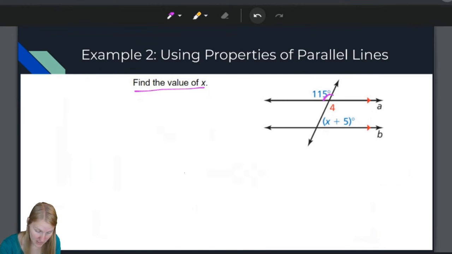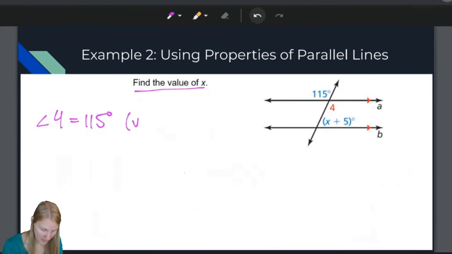But these two, look at this, these two are vertical angles, right? 2 lines, and they're on opposite sides of those 2 lines. So angle 4 is equal to 115 degrees by the vertical angles theorem.